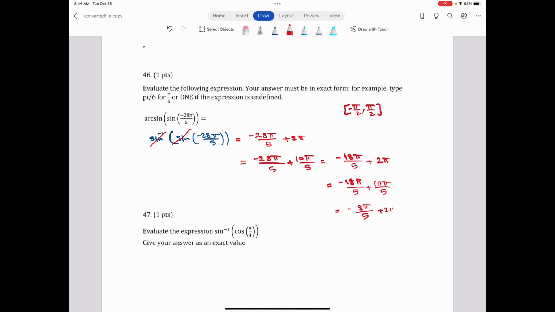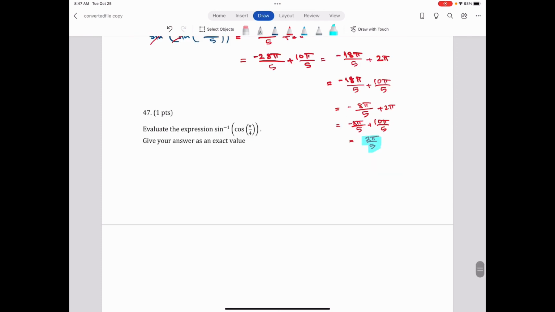I will add 2 pi one more time. So this is going to become negative 8 pi over 5 plus 10 pi over 5, which is going to give me 2 pi over 5. 2 pi over 5 is between negative pi over 2 and pi over 2. So that is the final solution here.